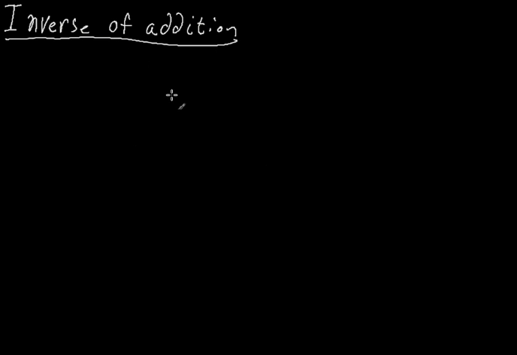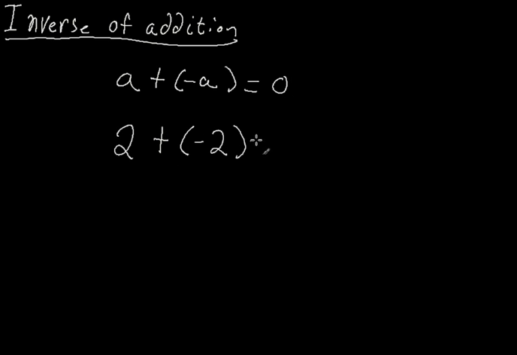The next one is called inverse of addition, okay? So what is inverse of addition? Well, inverse of addition is like A plus its opposite equals 0. Okay, and I like to pick on the number 2 a lot, so I'm going to continue to pick on number 2. And that's like saying 2 plus negative 2 equals 0. This is also saying that every real number would have an opposite, okay?